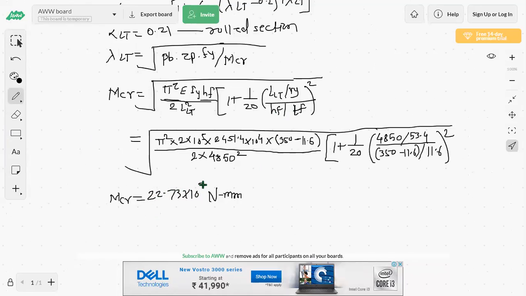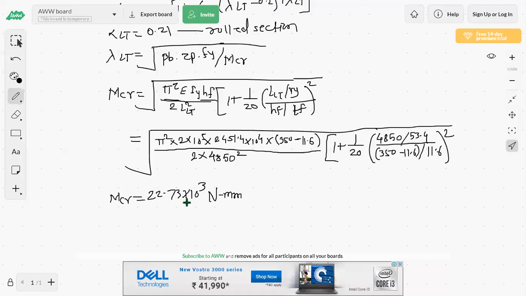22.73 into 10 raised to 3. This answer I got from 3 students. Deshmukh, 35, roll number 21. So see, MCR 22.73. This answer I got from 3 students.